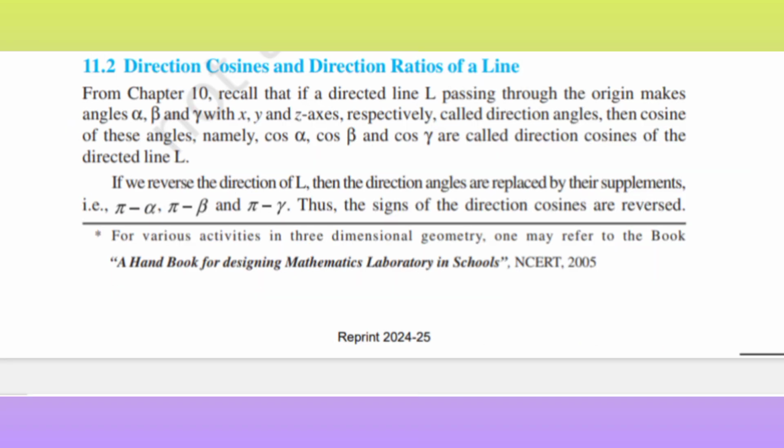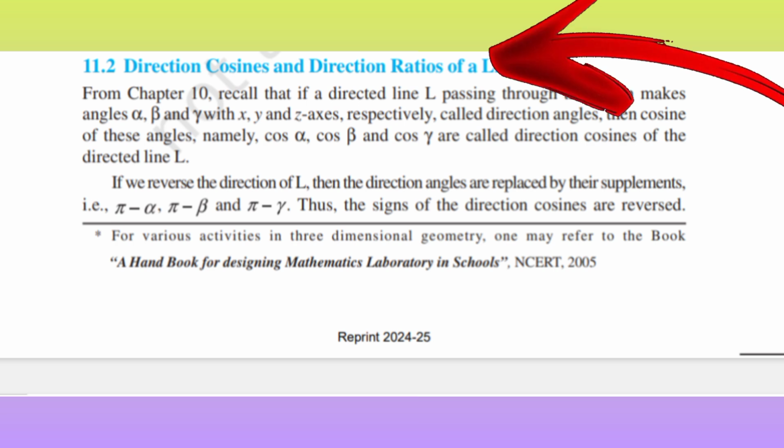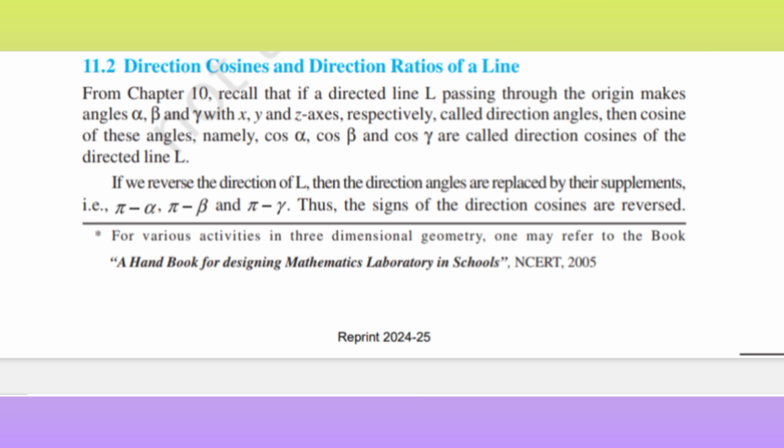11.2 Direction cosines and direction ratios of a line. From chapter 10, recall that if a directed line L passing through the origin makes angles alpha, beta, and gamma with respect to the x, y, and z axis respectively, these are called direction angles.